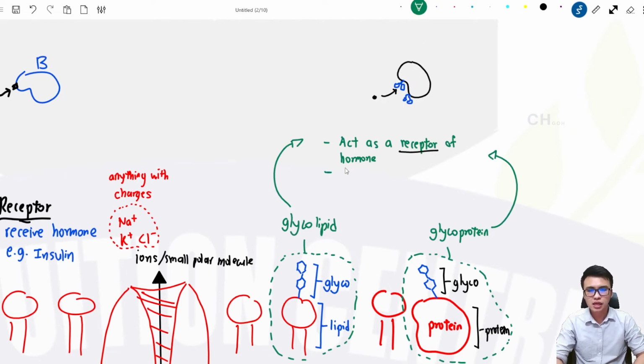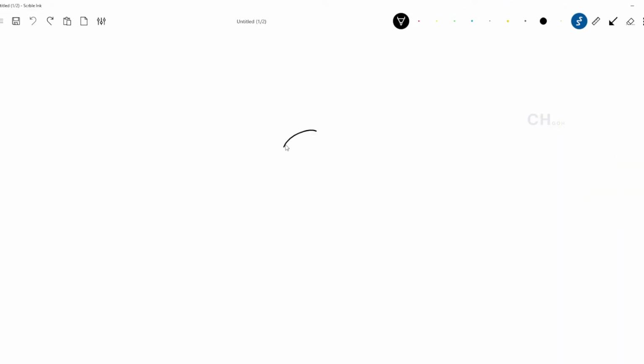Secondly, this glycoprotein or the glycolipid can help to stabilize the membrane. So how are they going to stabilize? Now try to imagine this is the cell. It has the glycoprotein or the glycolipid on top of the plasma membrane. Now, cells in our body are actually immersed in the water.